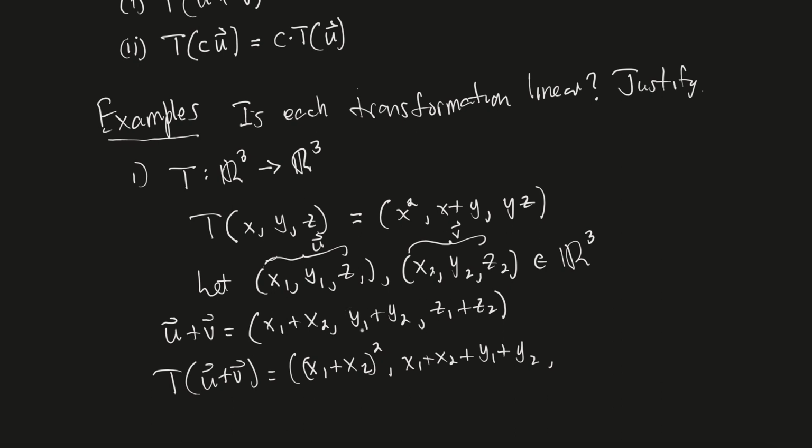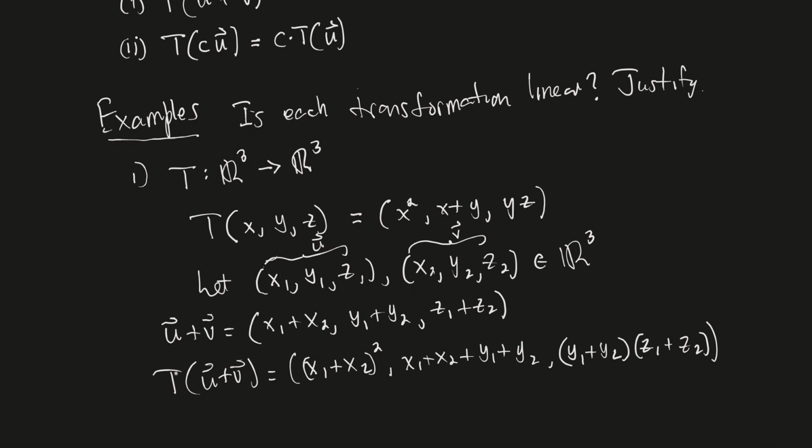It takes the second component and multiplies it by the third component, and makes that the third component of my image. So y1 plus y2 times z1 plus z2. That's the expression I would get if I add two arbitrary vectors in R3 first and then apply the transformation.